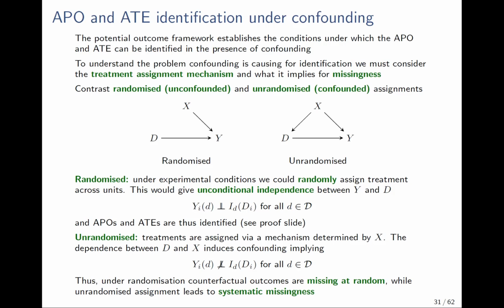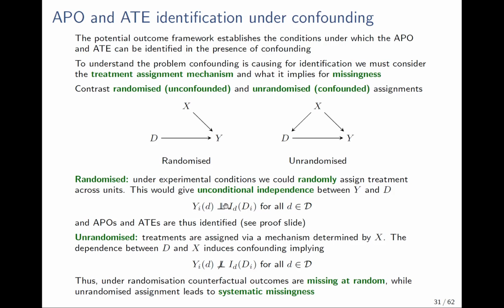Now this can be quite confusing when you first see it. What this is not saying is that treatment is not associated with outcome under randomization. We know that it is associated with outcome as shown in this part of the DAG because we had to have a direct causal path from D to Y.